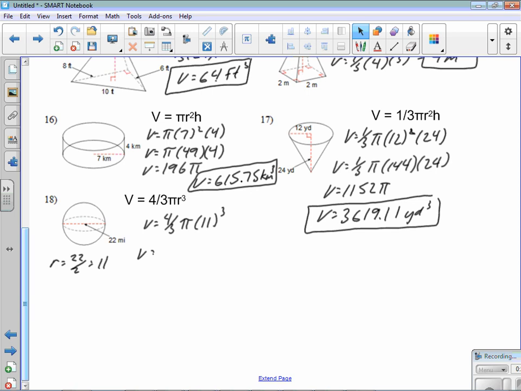So the volume equals 4/3 pi times 1331. And multiply that out. That can give us a volume of 5575.28 miles cubed.